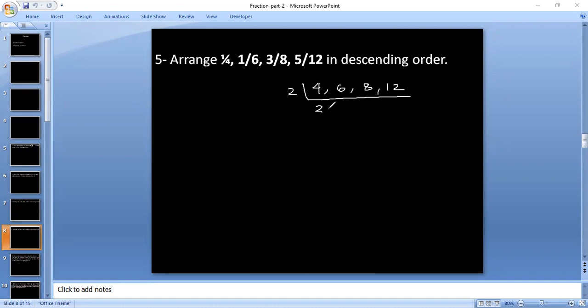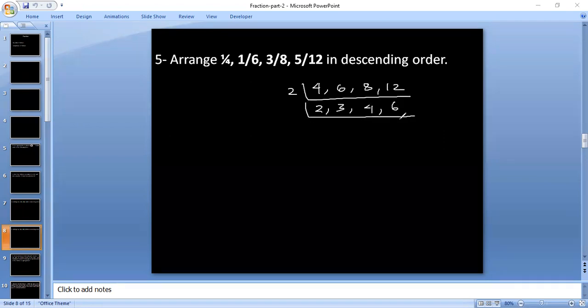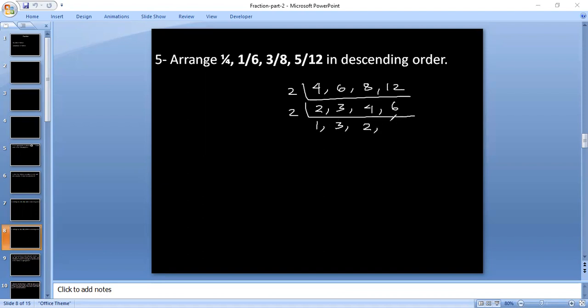2 2s are 4, 2 3s are 6, 2 4s are 12, 2 6s are 12. So 2 1s are 2, and 3 carry down. 2 2s are 4, 2 3s are 6. Again you should divide: 2, 1 as usual, and 3 carry down as usual.